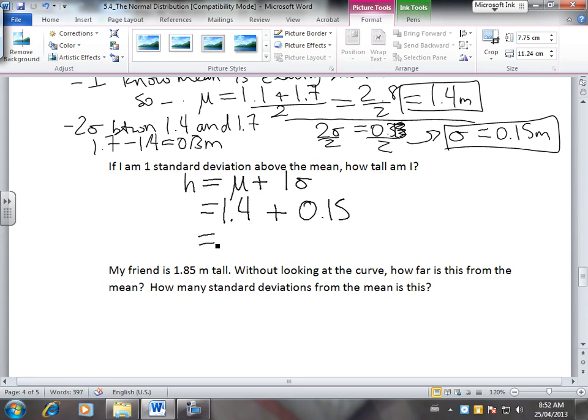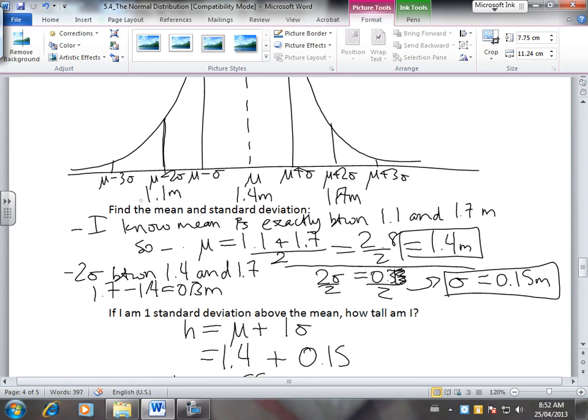So this height would be 1.55 meters, and I can fill that in here. You can fill in this side too if you want: 1.4 minus 0.15 is 1.25 meters.